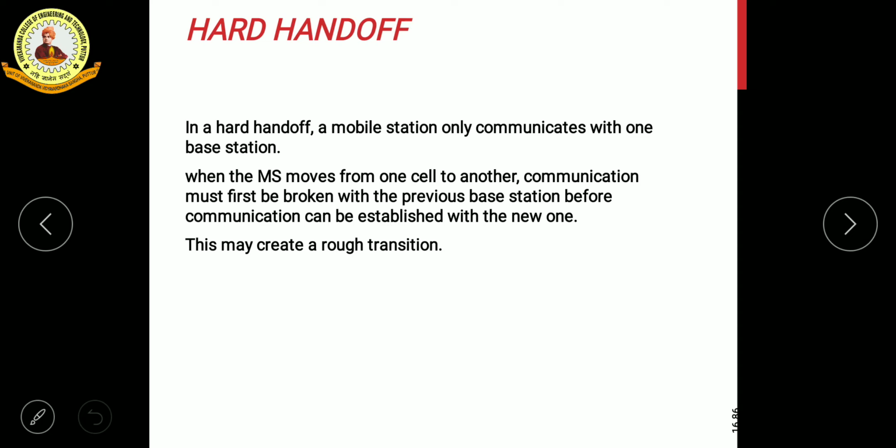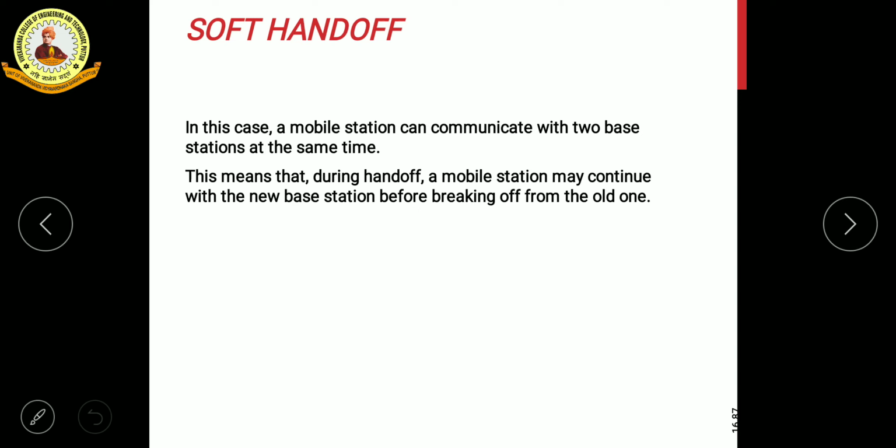In hard handoff, a mobile station only communicates with one base station. That is, when the MS moves from one cell to another cell, the first assigned channel will be broken, then a new one is established. So this may create a rough transition. Then in soft handoff, a mobile station can communicate with two base stations at the same time.